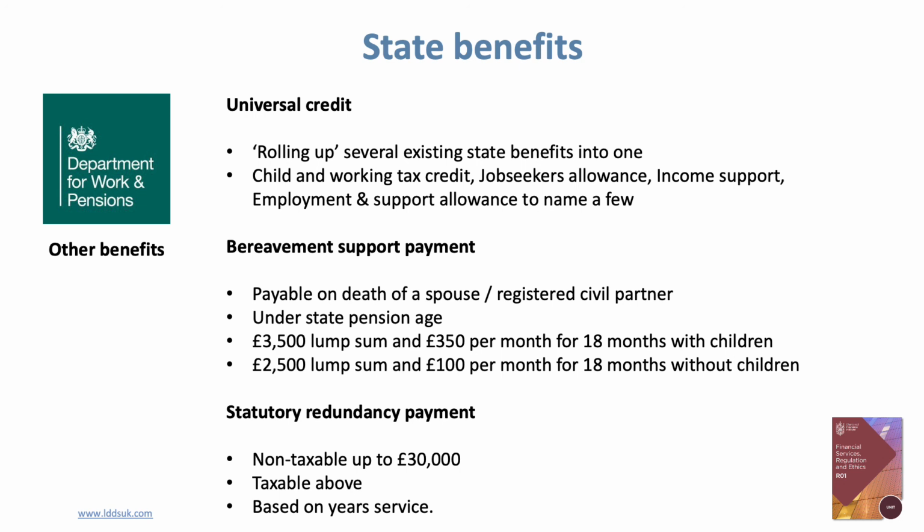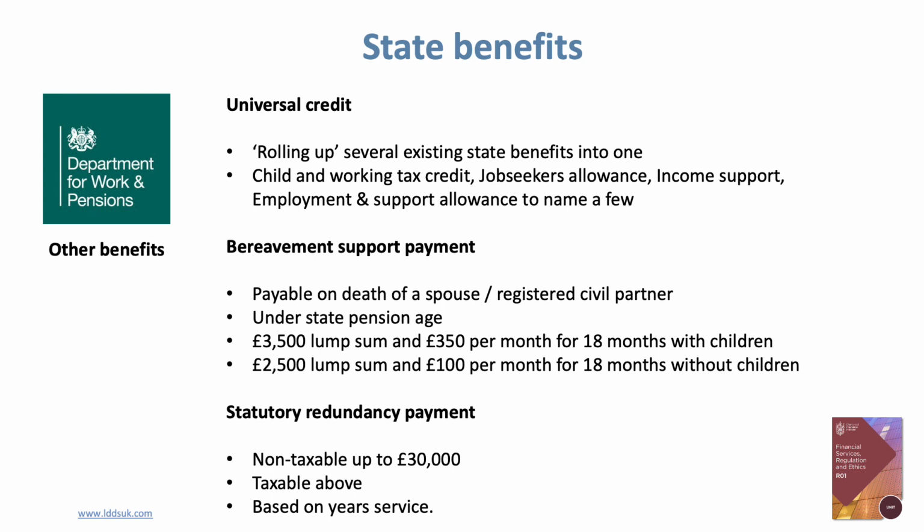One other state benefit that's not mentioned too much in the book, but is mentioned briefly, so we'll cover it, is that of the statutory redundancy payment. So this is not really a state benefit as such, because obviously any redundancy payments are largely going to be paid by your employer who's made you redundant.